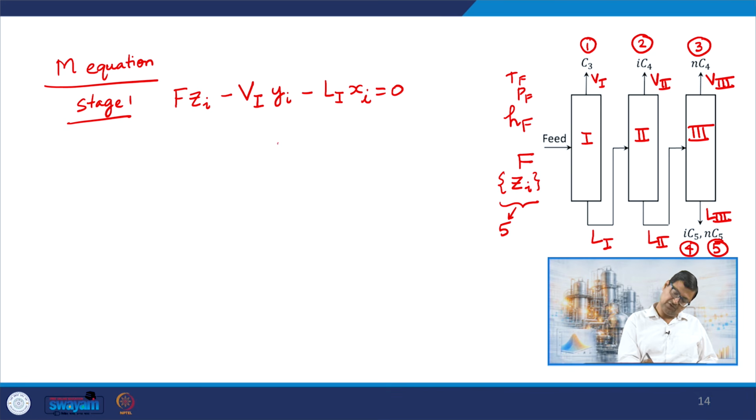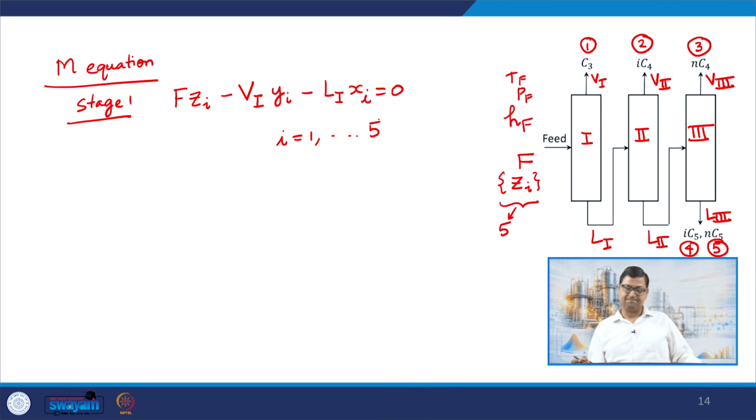And this I can do for i equal to 1 to 5. This is for first stage.